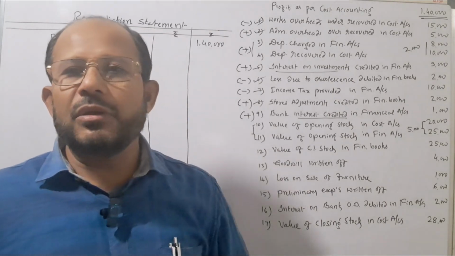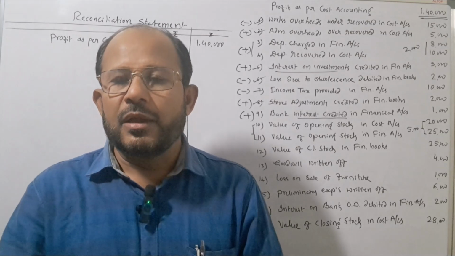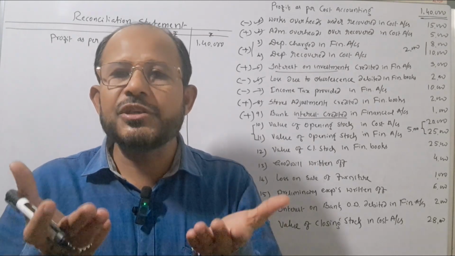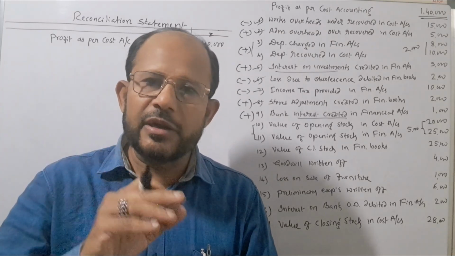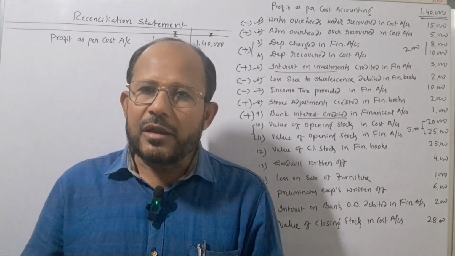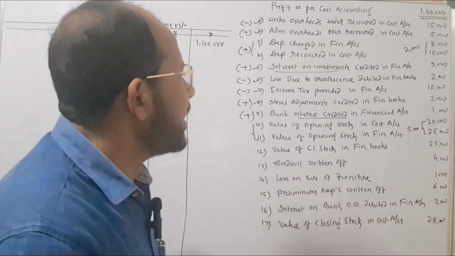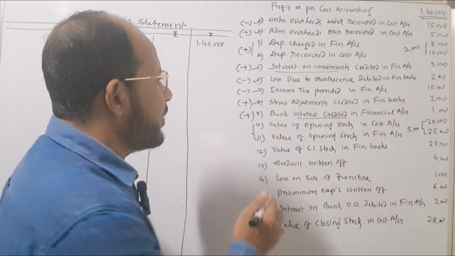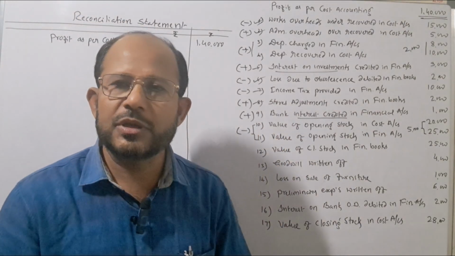If the undervaluation of opening stock is there, opening stock ಕಡಿಮೆ ತೋರಿಸಿದಾಗ costing profit ಏನಾಗುತ್ತೆ ಇಲ್ಲಿ ಹೆಚ್ಚಿಗೆ ತೋರಿಸ್ತದೆ. If less amount of opening stock is recorded, then our profit will increase. That is why here what we have to do is, in order to reconcile the profit, this item is to be deducted from the costing profit.